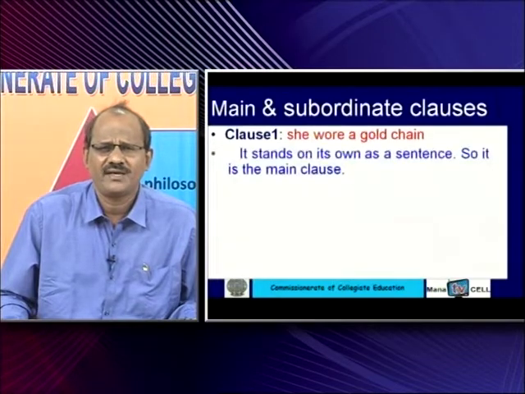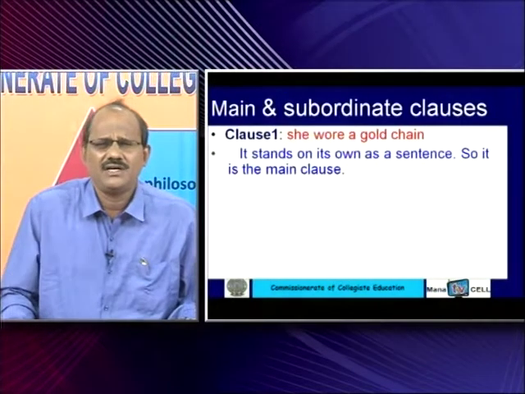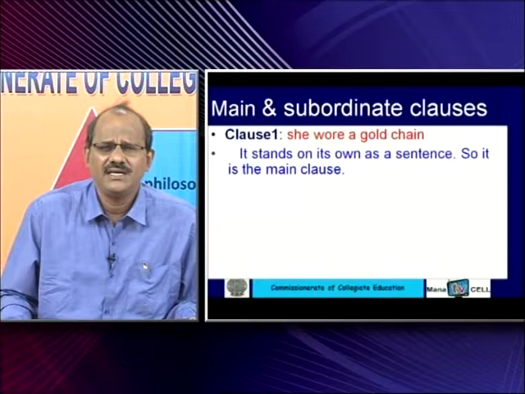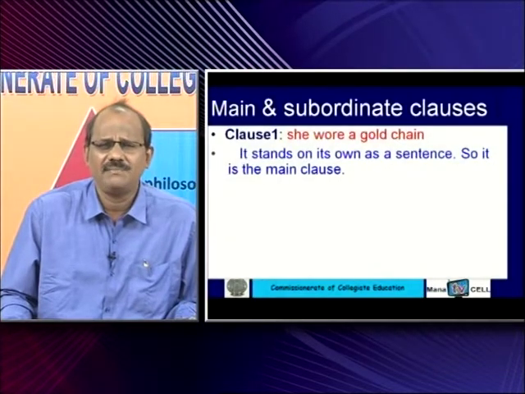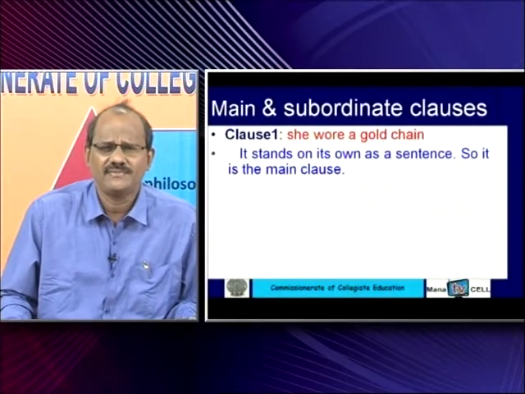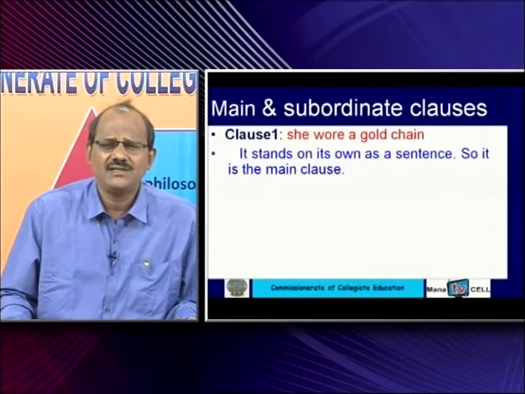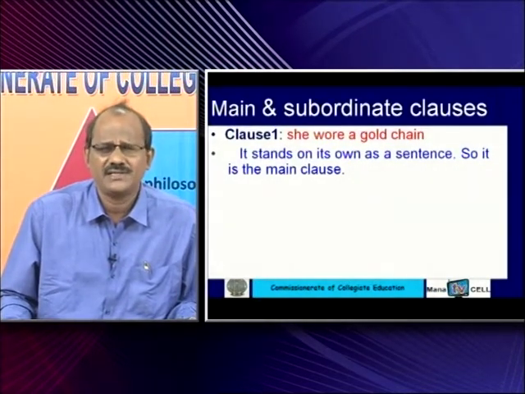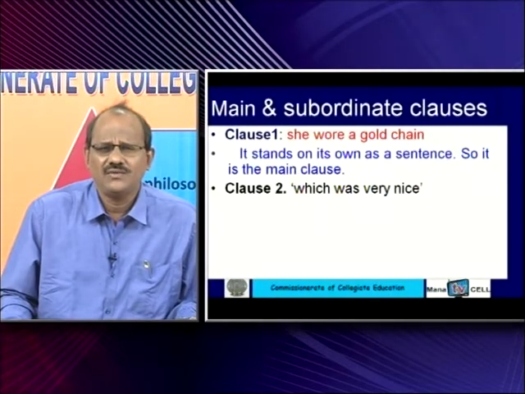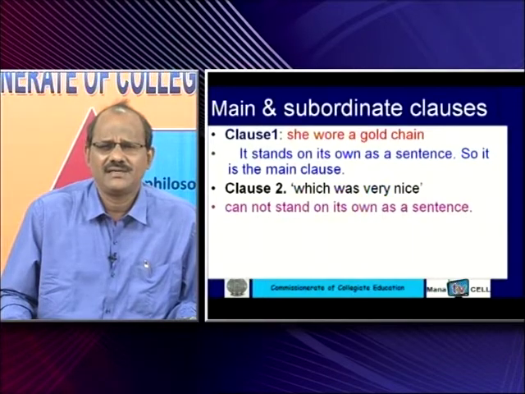Why? She wore a gold chain, although it is a part of a sentence, it can stand as a complete sentence on its own. So, it is called an independent clause or main clause or principal clause also. But clause 2, which was very nice, cannot stand on its own as a sentence.